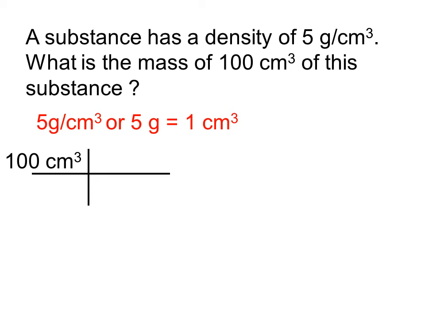When you're given density, it's really giving you an equality. It's saying that 1 cubic centimeter is equal to 5 grams. So I put the cubic centimeter on the bottom here and the 5 grams on top, since those are equal. Now just cancel cubic centimeters. And again, I don't have to cancel 3 times because the unit's already cubed. And the answer is 500 grams.